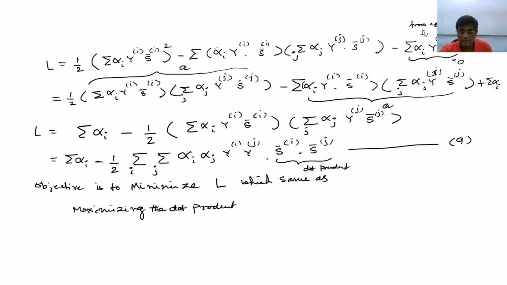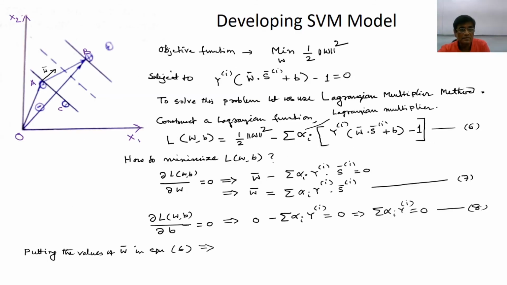These are the two important observations you need to know. The optimization problem is coming down to a very simple maximizing the dot product between the support vectors.